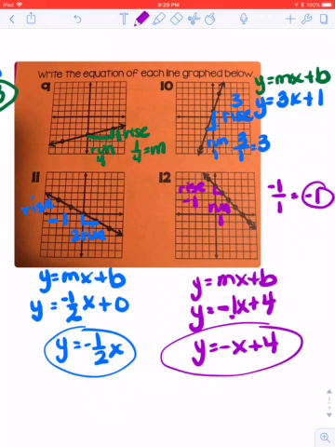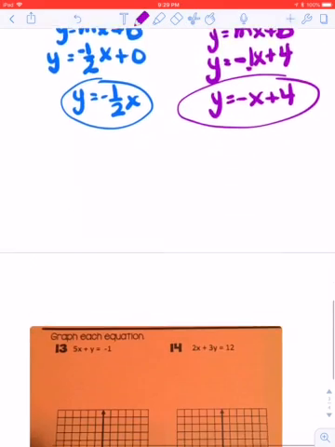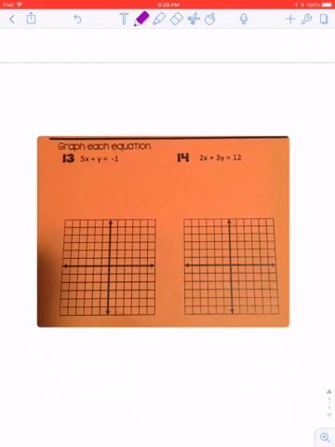Okay, last piece that we have is to take an equation and to be able to graph it. Now, the big thing for us is that all of these are written in standard form, but to be able to graph, I've got to be able to get it in that form. So I'm basically going to have to solve for y.